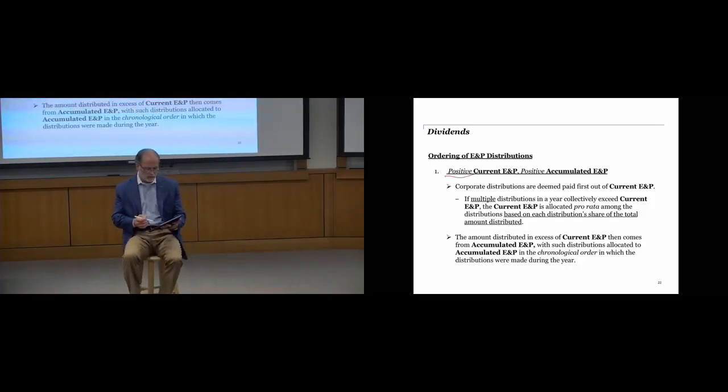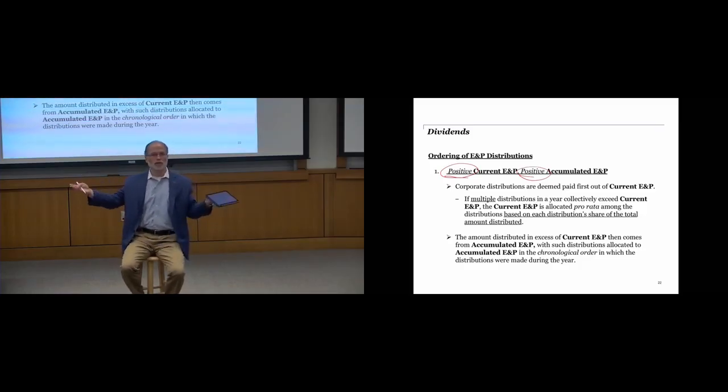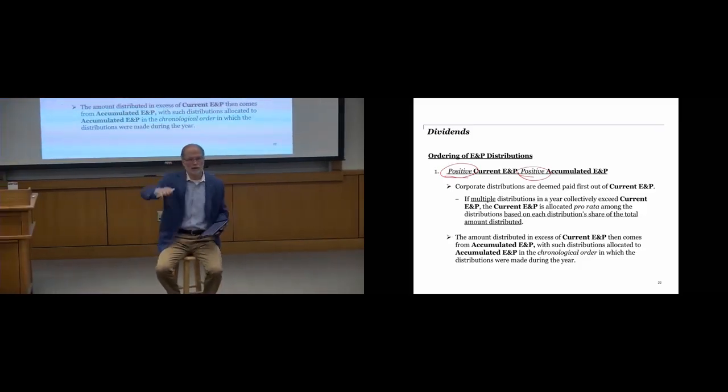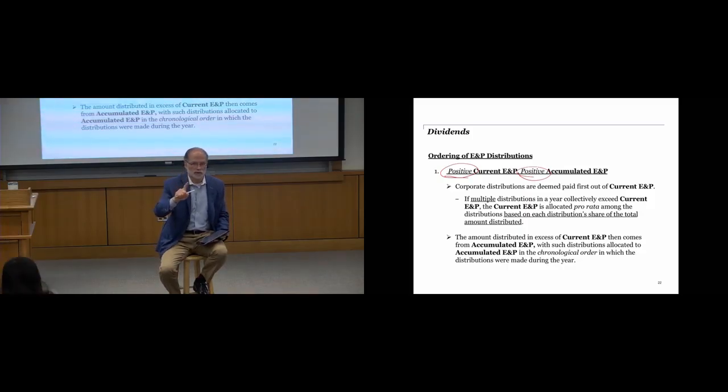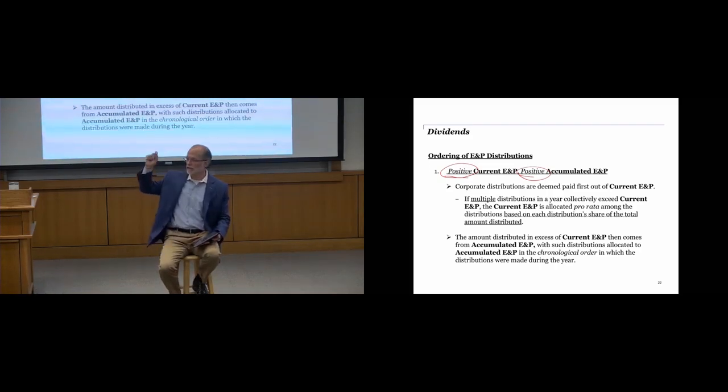So if I'm positive current and positive accumulated, my 2 E&P accounts, right, the current year and then all prior years coming into the current year, first it comes out of current E&P. If I only have a single distribution in the current year, then you get your share of current E&P as your percentage ownership of the corporation.